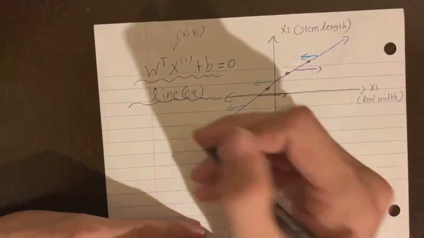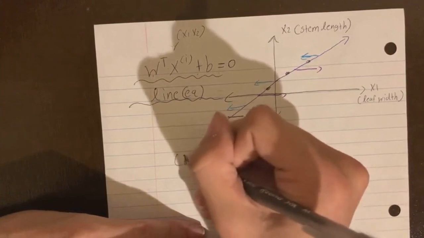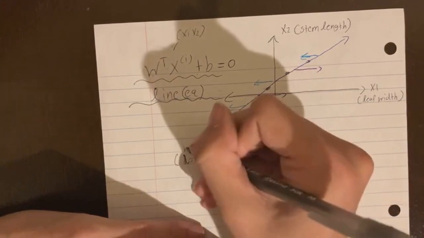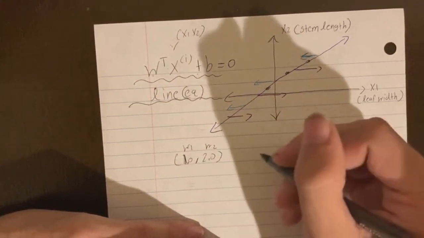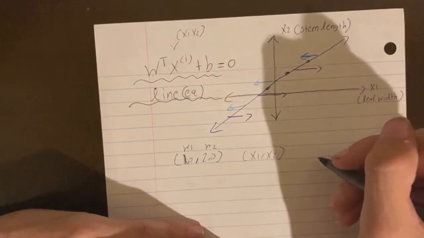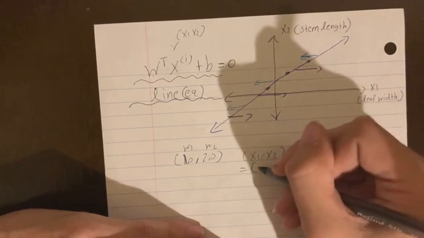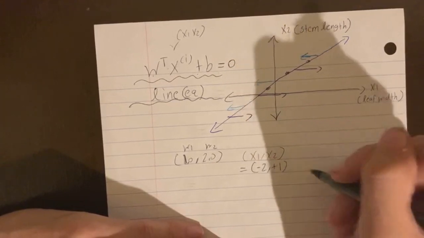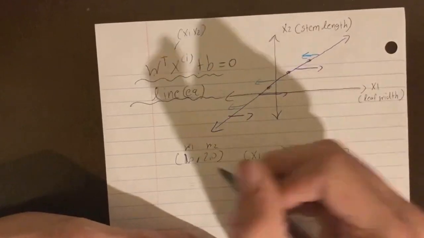So imagine if you had 1.0 and 2.0 as your W1 and your W2, and you had x1 and x2 equal to -2 and +1, and let's say your b is just equal to 0 in this case.